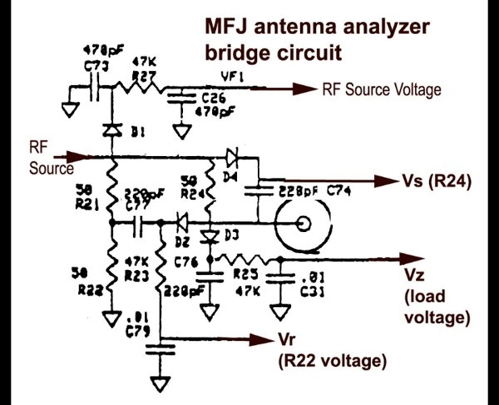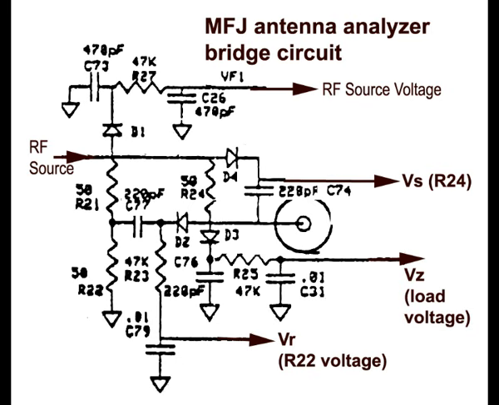Another thing we often get incorrect is we think that these little bridges, SWR meters, directional couplers, all this and that, are really reading the actual reflected power that's coming back from the load. But that isn't what they read at all. For example, look at this bridge in the MFJ antenna analyzer.